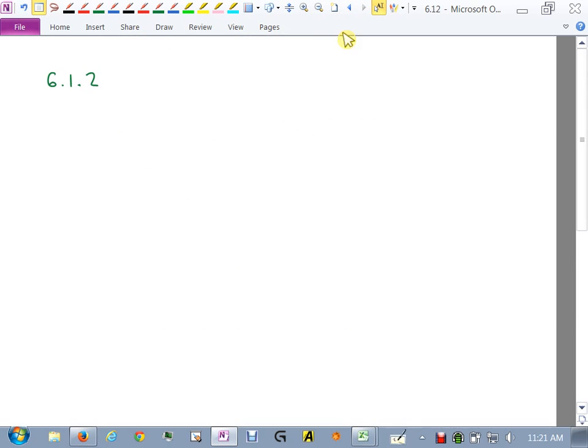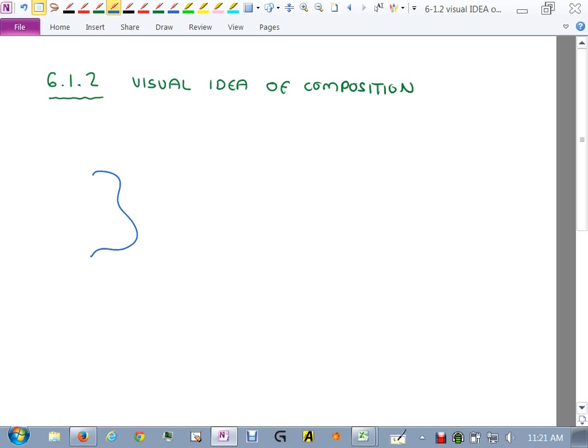All right, so here we go. Here's the visual idea of composition. We're going to start with a domain, which again I'm going to say are numbers.